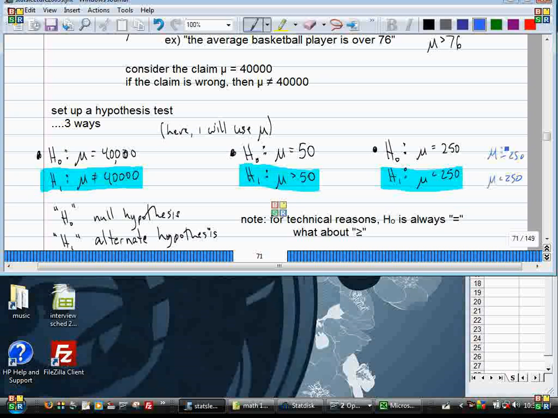Because this greater than looks a whole lot like this greater than, and we don't want to confuse these at all. So for these reasons, technically we're not going to use opposites. We're just going to say H0 is always equals, and then H1 really determines which of these hypothesis tests we're doing. So that's a little convention. Hopefully you can get used to it.